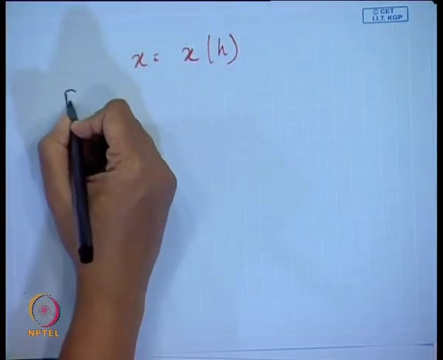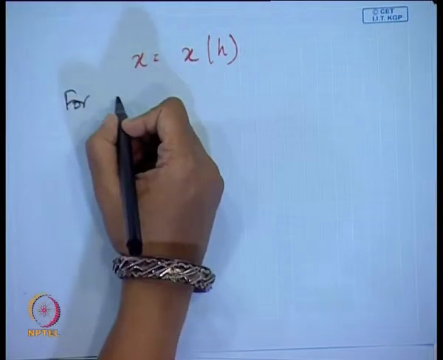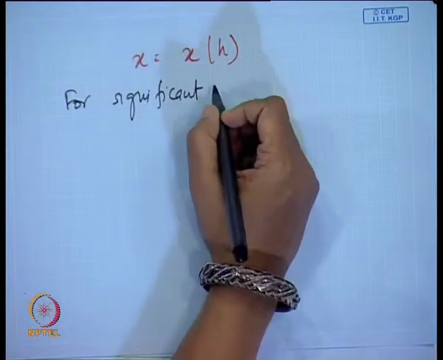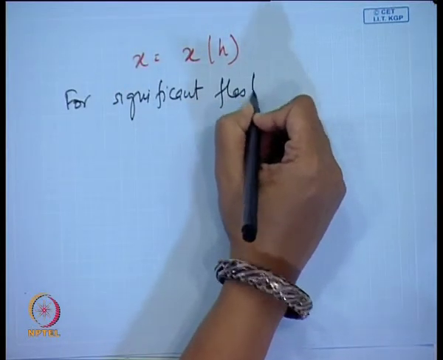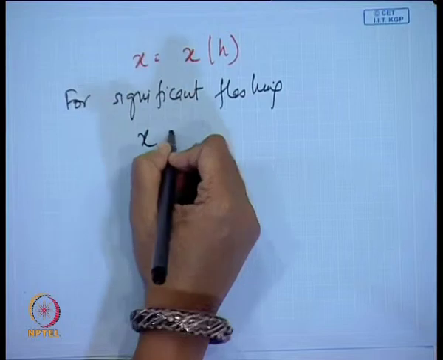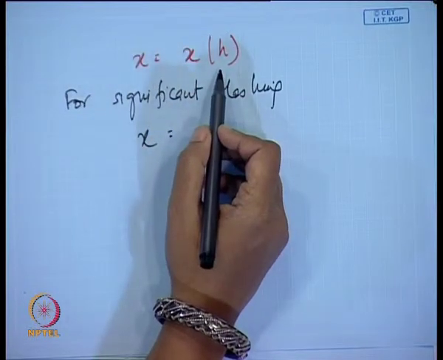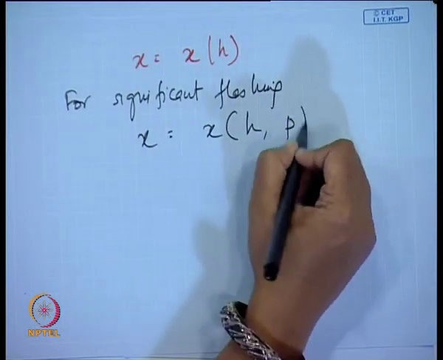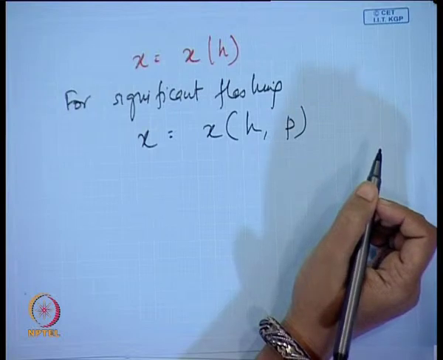For significant flashing, will quality x be a function of enthalpy only? Under that condition it will be a function of both enthalpy as well as pressure, right.